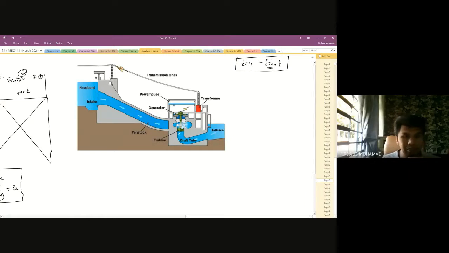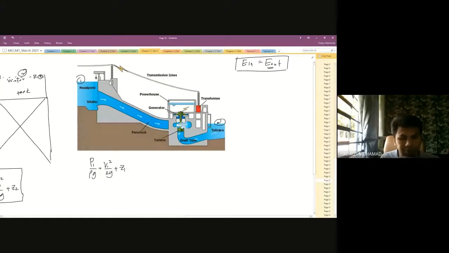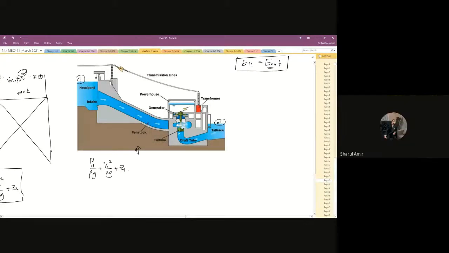Okay, so let's say this is point 1 and then this is point 2. So apply Bernoulli equation. P1 over rho g plus V1 squared over 2g plus Z1. Ada pump ke tak? Ada HP ke tak untuk case ni? Head for the pump ada ke tak? Tak ada sir. Tak ada sebab kita tak perlu guna pump.